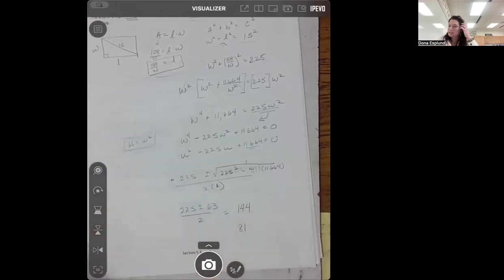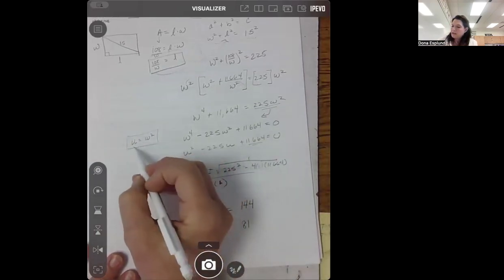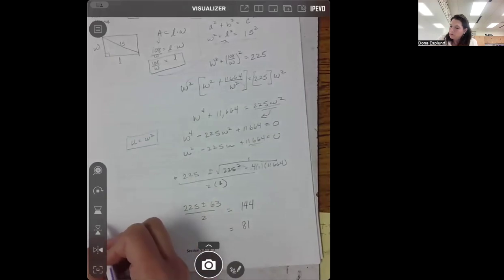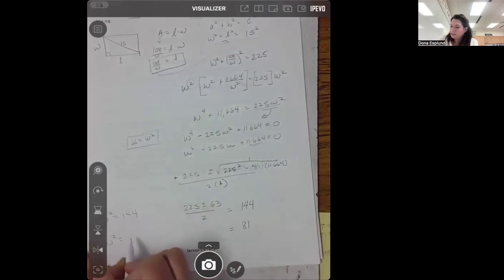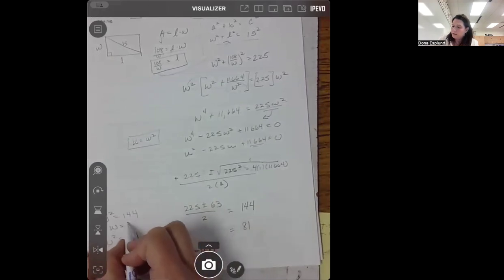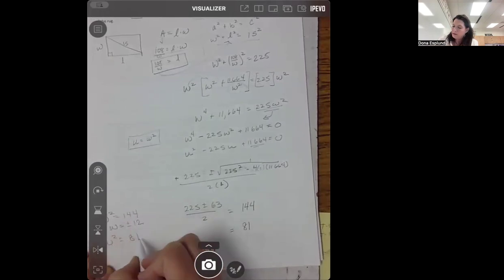So what happens is then it's going to actually work. When I do this, I remember that this is going to equal W squared. So I have W squared is equal to 144 and W squared is equal to 81. That means W is going to equal plus or minus the square root of 144, which is 12. And also W is going to equal the square root of 81, which is going to be plus or minus 9.